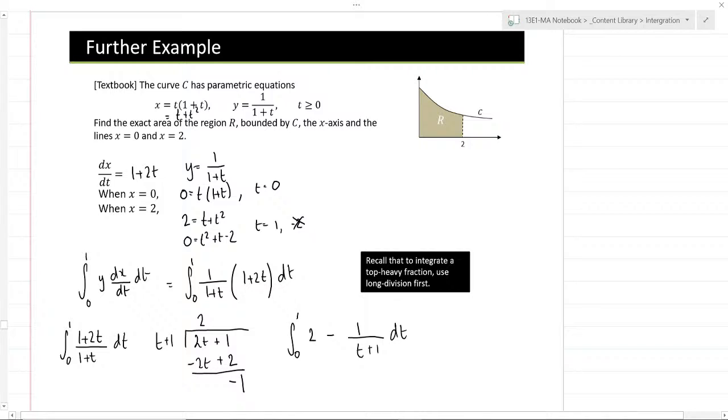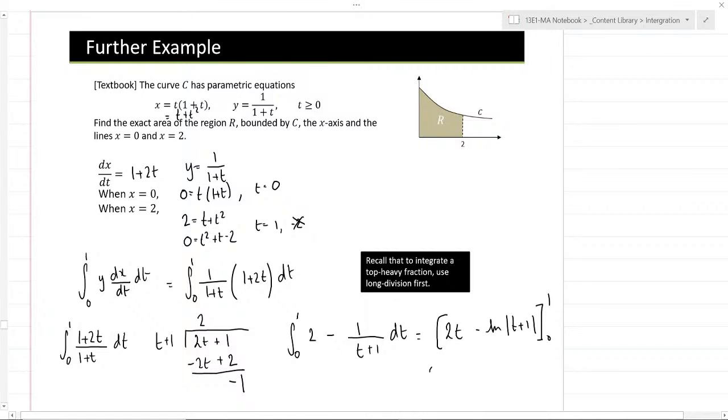Everybody all right with that and where it's come from, yeah? We're starting to really get into the tricky nitty-gritty here, aren't we? Because you've got to be able to spot that you are using long division there. So this is equal to 2t, integrating that, minus ln of t plus 1 between 0 and 1.